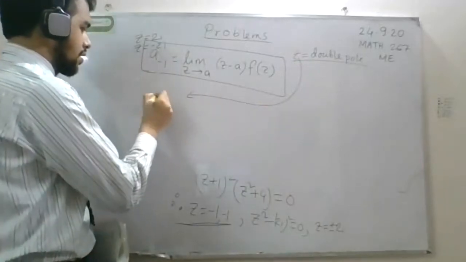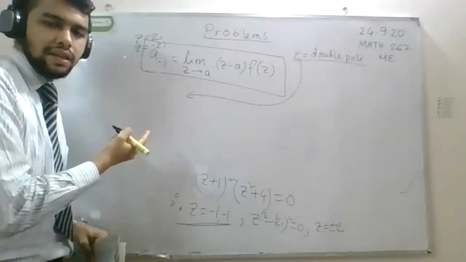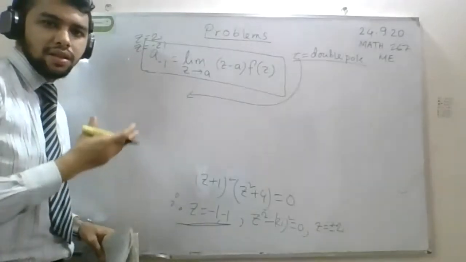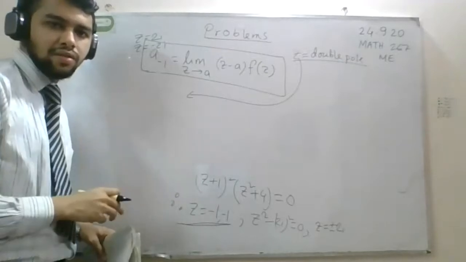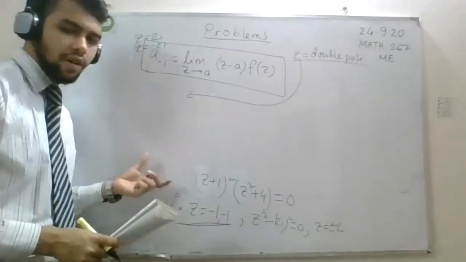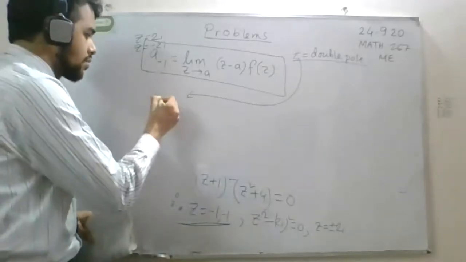Yes. In our previous theorem, I already told you that you have to use the derivative term to find the solution from your complex function. That will be the residue formula.